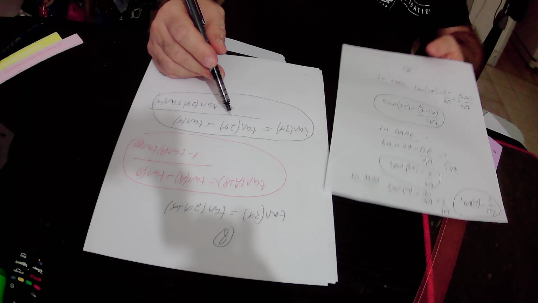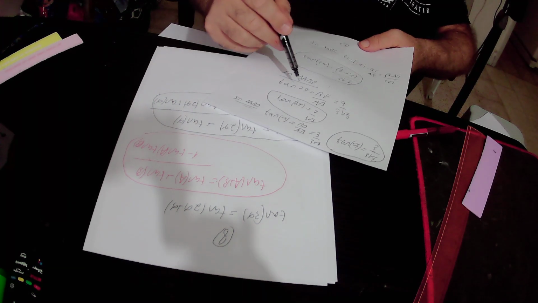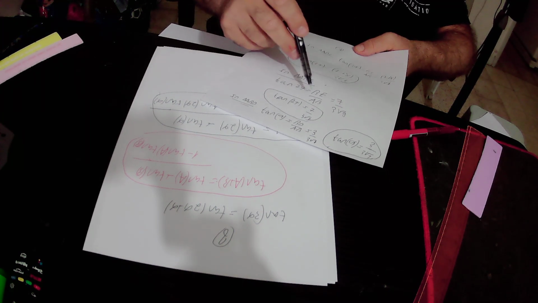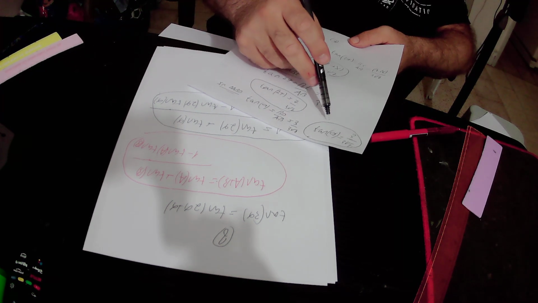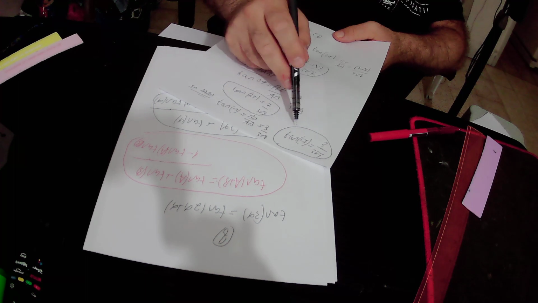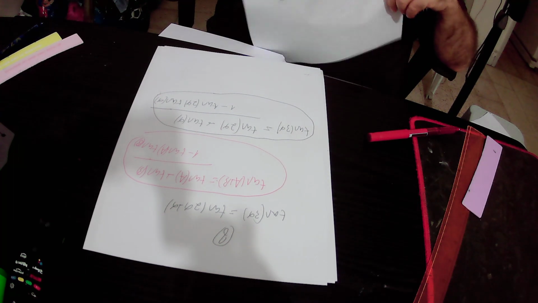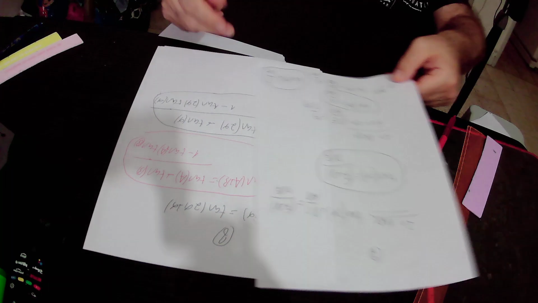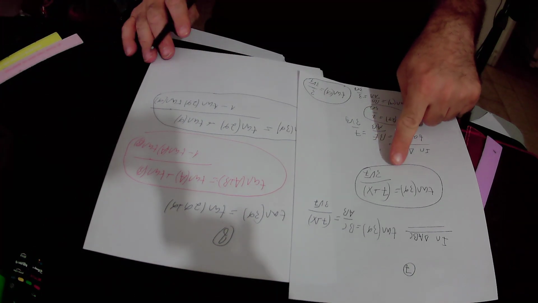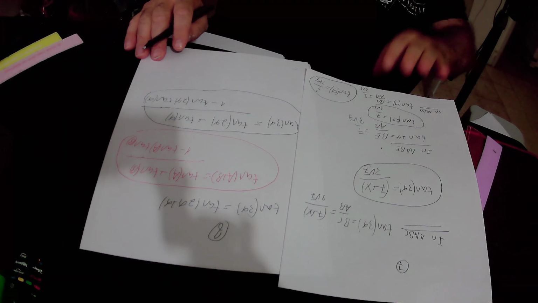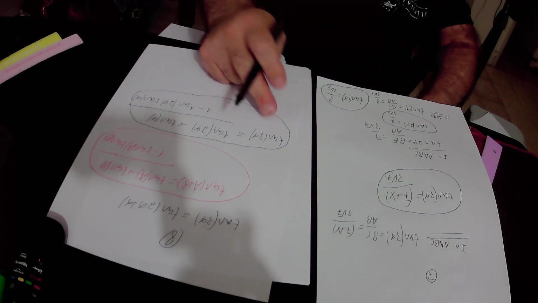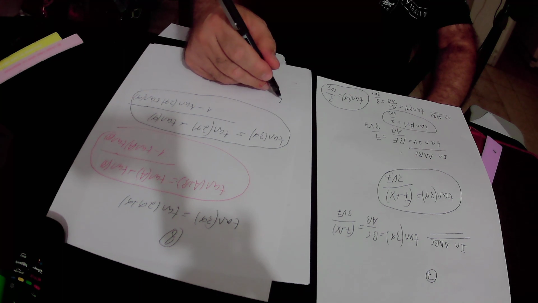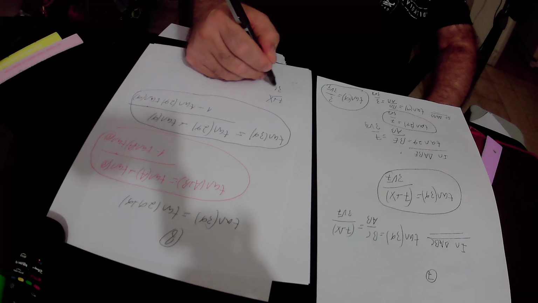We will substitute tangent 2 alpha by its value, and we will substitute tangent alpha by the value that we found out. Okay, so we will get that tangent 3 alpha equals 7 plus 3 over 3 times root 7.